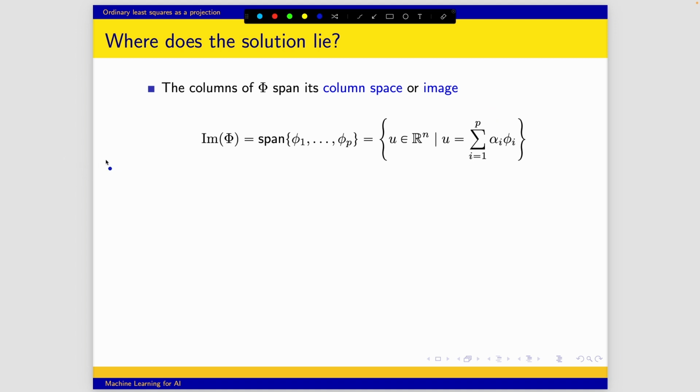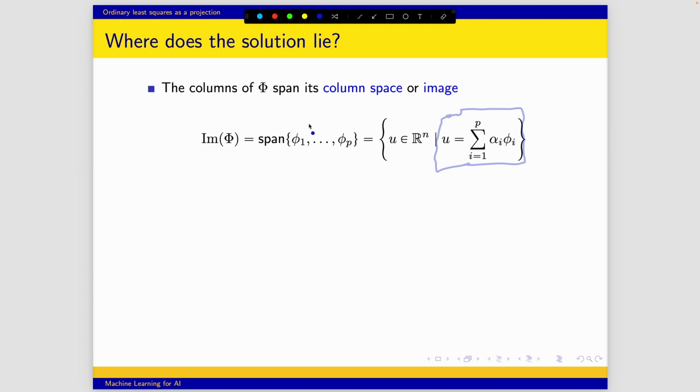So the image space is defined as the span, or linear span, to be pedantic about it, of the column vectors. The image space or column space of a matrix phi is the span of its column vectors. And what is the span of its column vectors? It's the set of all linear combinations of the column vectors. It's all vectors of this form.